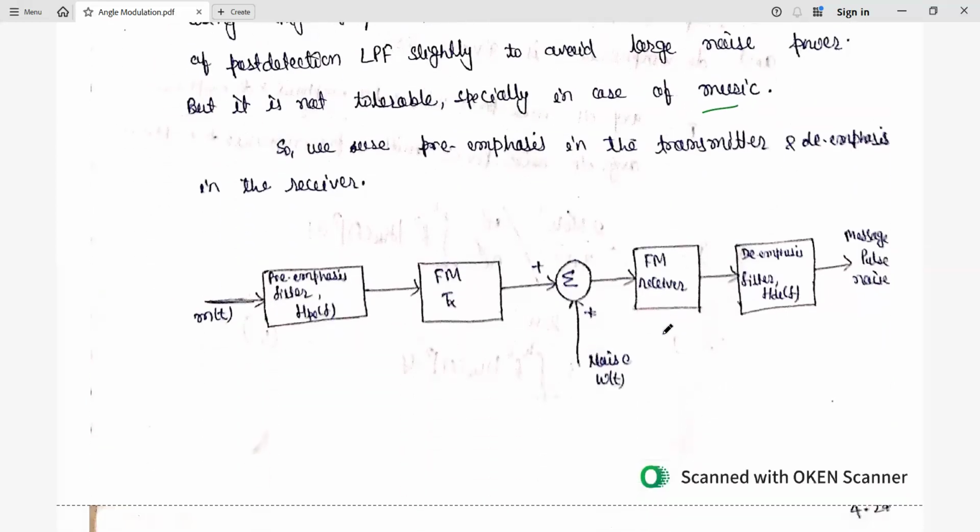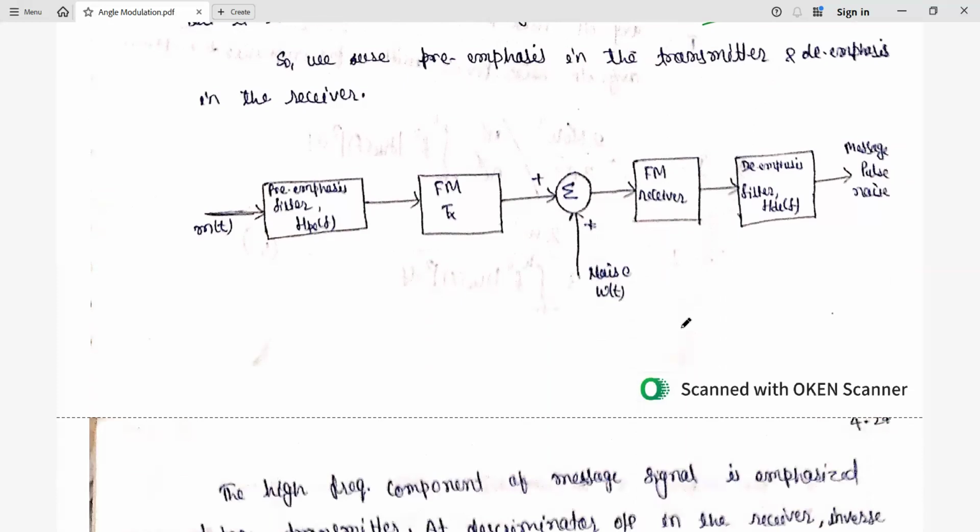To overcome this, a separate circuit is designed, called pre-emphasis in the transmitter and de-emphasis in the receiver. So you see that pre-emphasis is used before the modulation, de-emphasis is used after the demodulation, and over the channel the noise is added here.